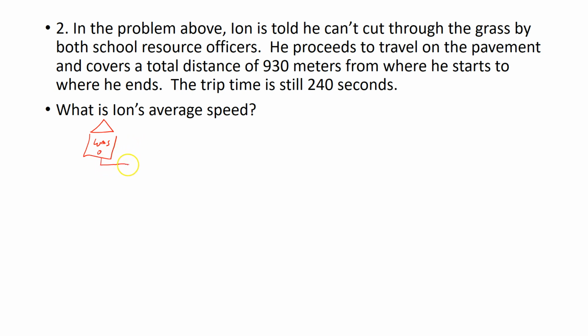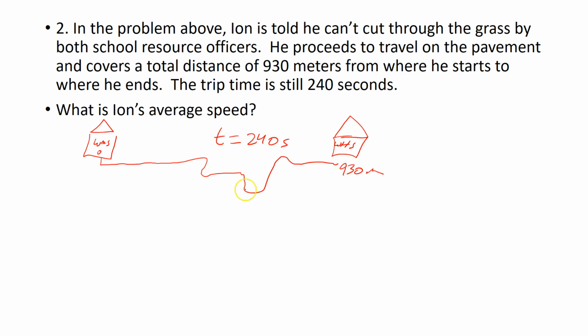So he starts at the middle school, travels on the pavement, and finally ends up at the high school. And now he is at WHS, and this entire path was 930 meters. So that's where he ends up. Trip time is still 240 seconds, so he should be traveling faster this time because he's had to go a further distance.